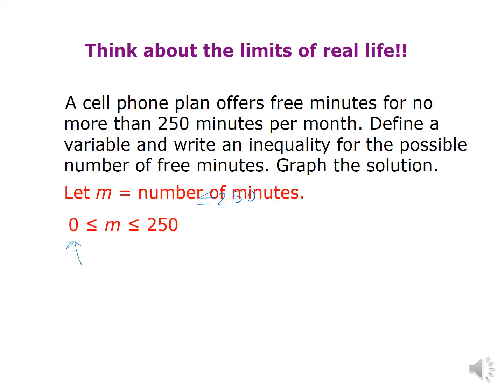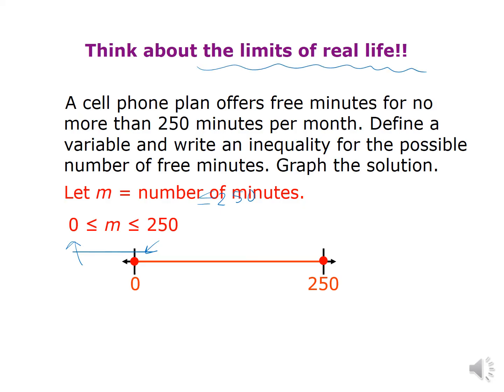Why do we have this? Well, think about it. Are you allowed to speak negative minutes into the phone? I'm sure our parents would sometimes like that, but no. Negative minutes do not exist. So we stop it at 0 because that's what real life does. That's what it meant by think about the limits of real life.